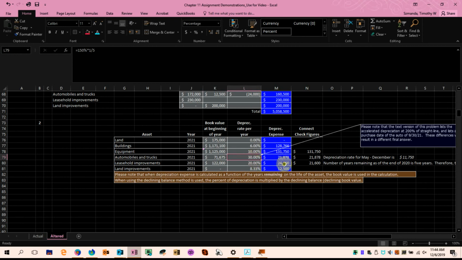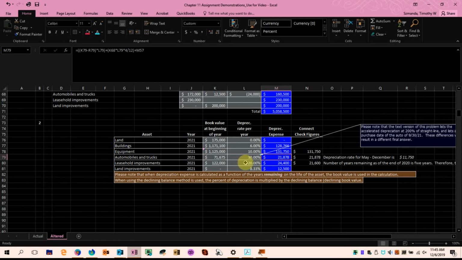Now, when we look at the calculation itself, there's been some activity throughout the year on the automobiles and trucks. So let's kind of walk through this calculation a little bit. One of the things, as I said, we need to do is take the 71,675 times the 30%. And that's the first part of our depreciation calculation.